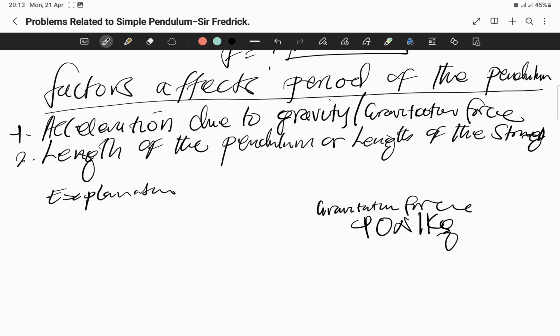So we could see that we have higher gravitation force. So if we have a pendulum right here, and we suspend it and we start moving the bob, because of force of gravity being higher, the bob will move faster from that side to go back there, because there is the help of force of gravity.